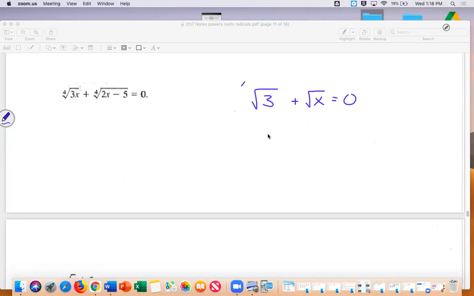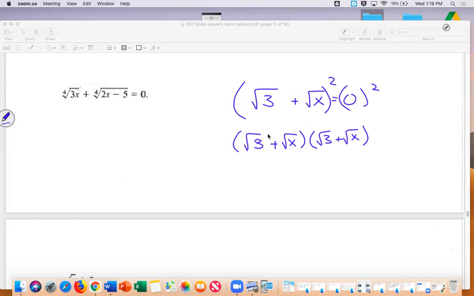If I were to just square both sides here, this is going to create a lot more terms because I'd have the square root of 3 plus the square root of x times the square root of 3 plus the square root of x. And then I have to FOIL that.